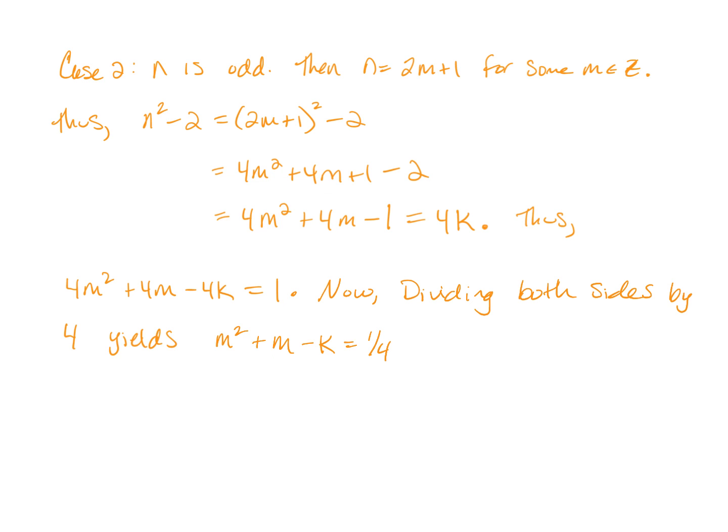And again, we have reached a contradiction. m squared plus m minus k has to be an integer, so it can't be 1/4. So just one final sentence to explain the contradiction says, since m squared plus m minus k is an integer, we have reached a contradiction.